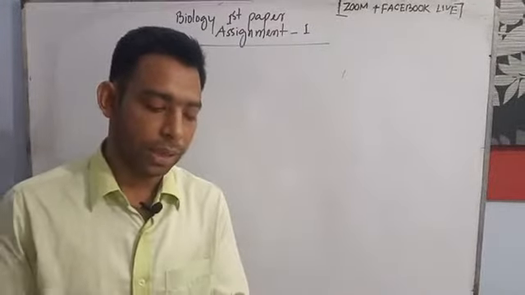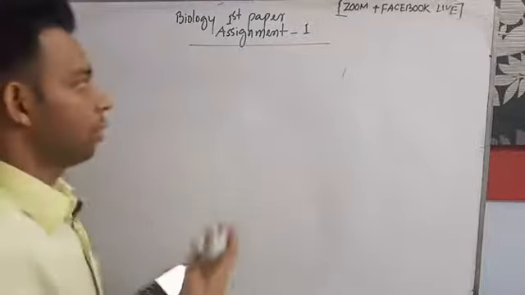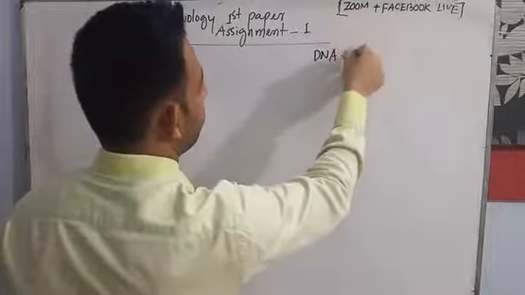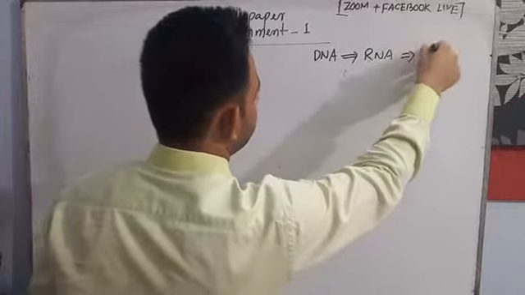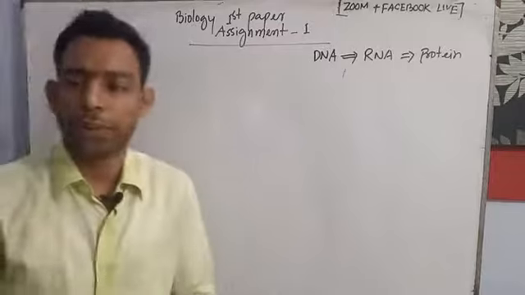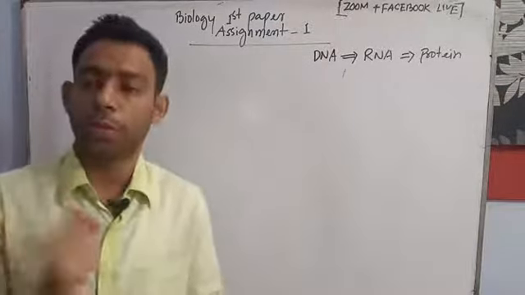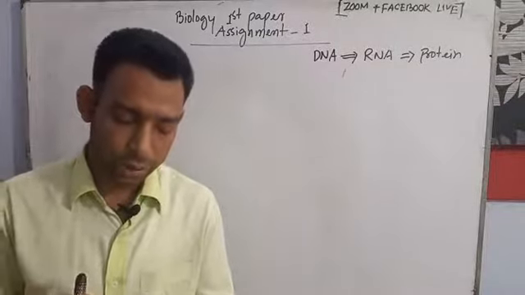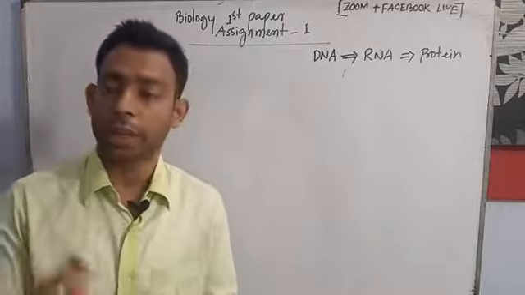First, the instruction is given there. There is DNA to RNA, RNA to protein. Actually the assignment is on the basis of DNA to RNA, RNA to protein. This is the assignment formation, the very first one. Here the instruction mentions the structure of DNA and its physical structure.